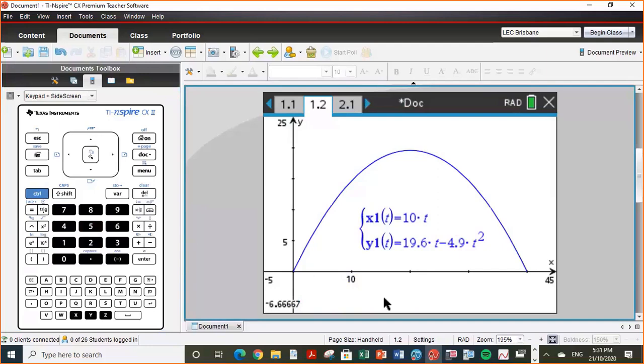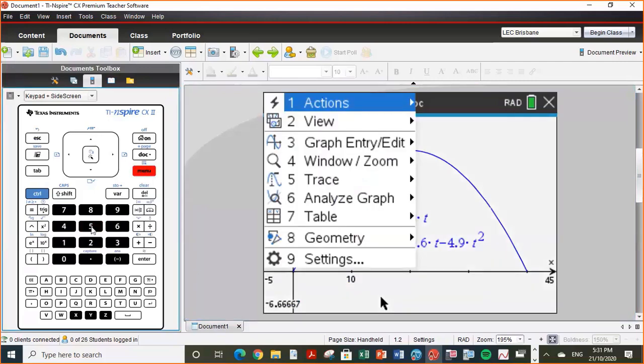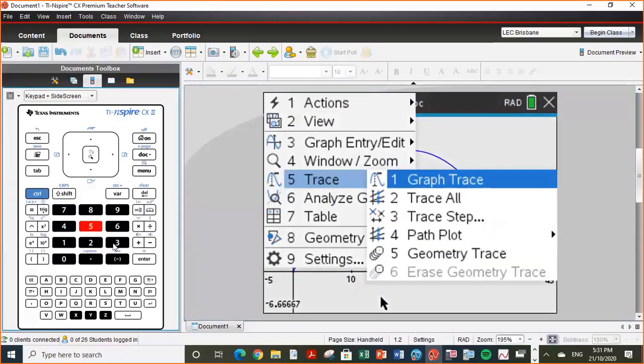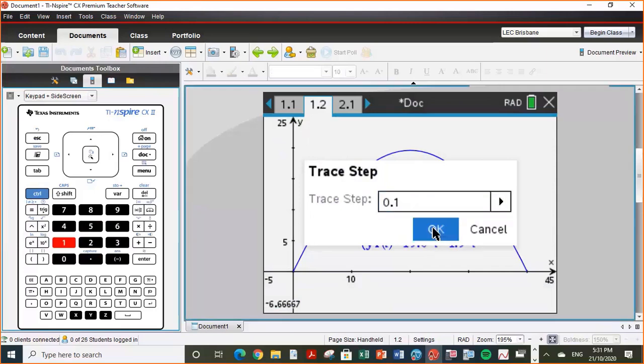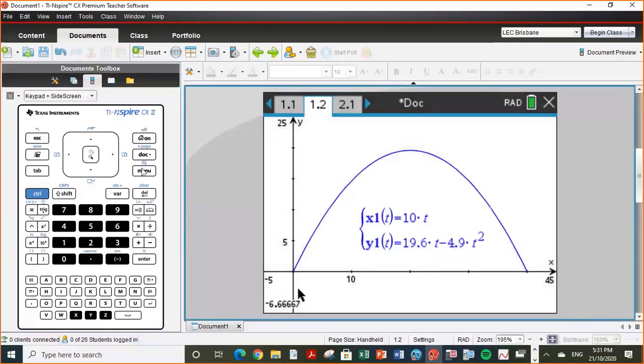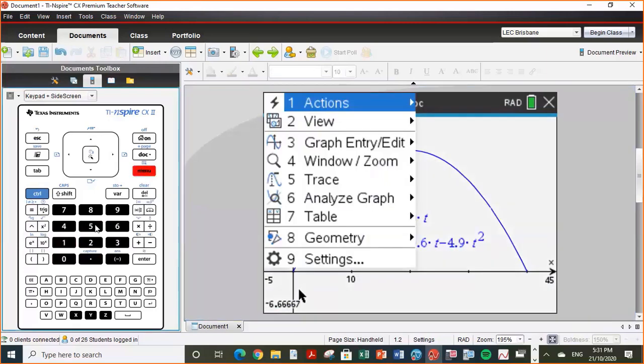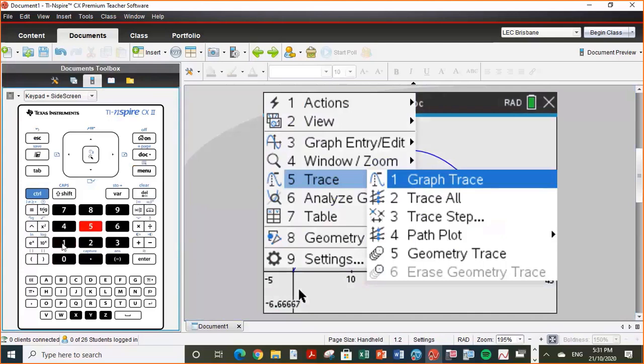And we can exploit the trace function here now. So we could press menu, then 5 for trace, 3 for trace step, just to see what it's like. Now it says automatic. We could make that 0.1 and then OK. Then menu, 5 for trace, and then 1 or enter for graph trace.